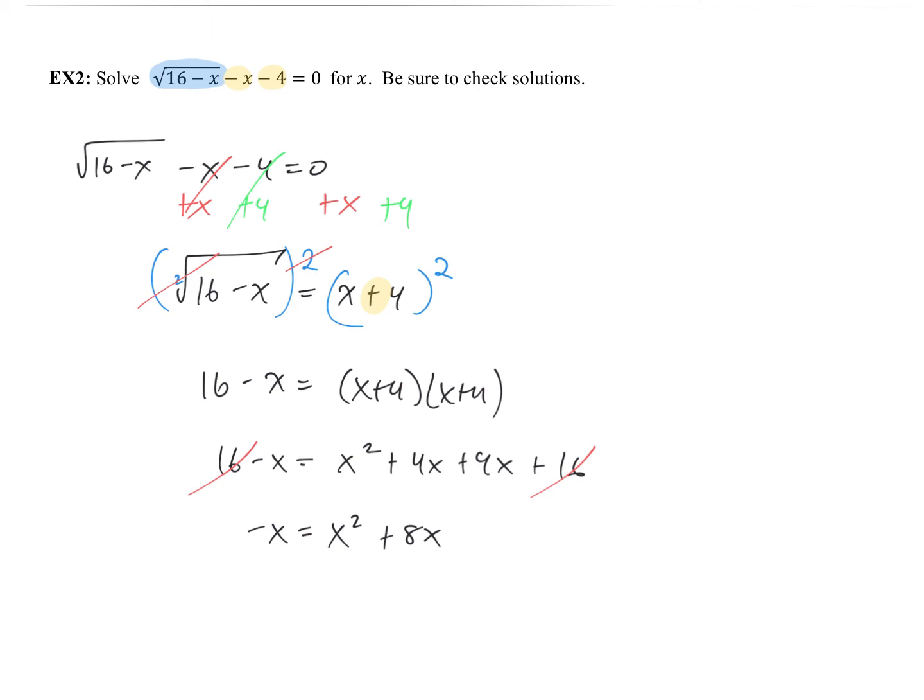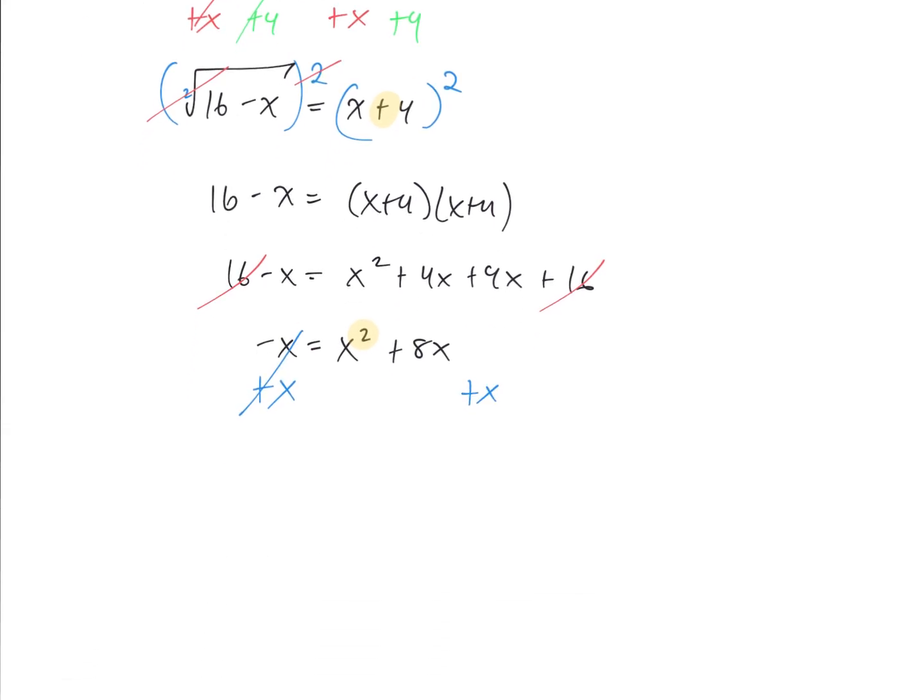Now what kind of an equation do we have this time? It's a square. We have a quadratic this time. A little different than last time. But remember, we know how to solve quadratics. We're going to go ahead and set it to 0. And we get 0 equals x squared plus 9x. How do we solve this?